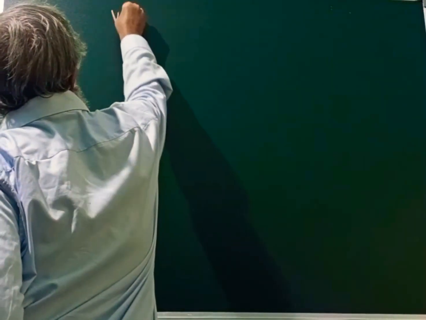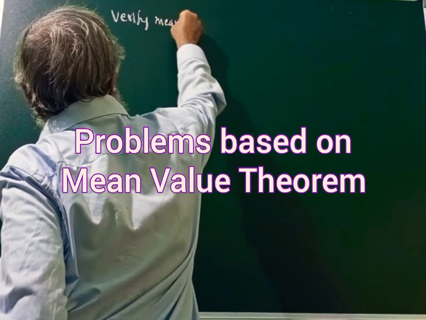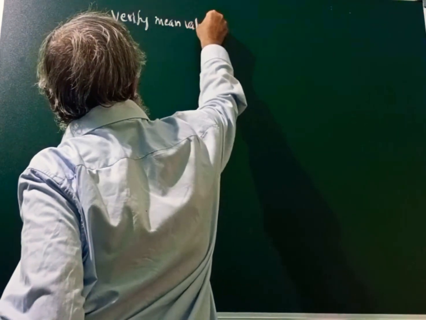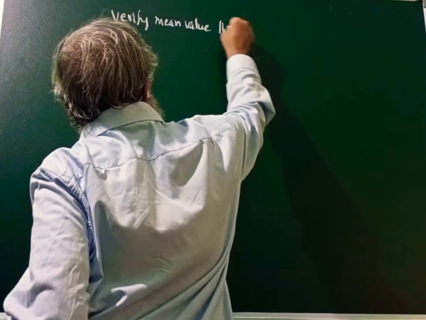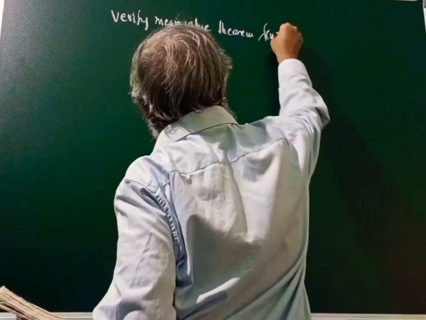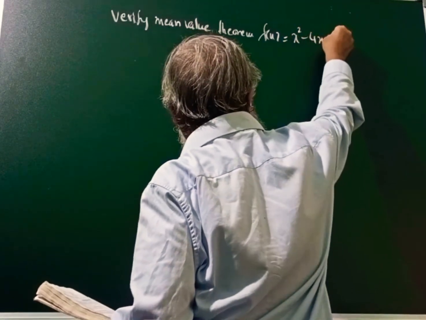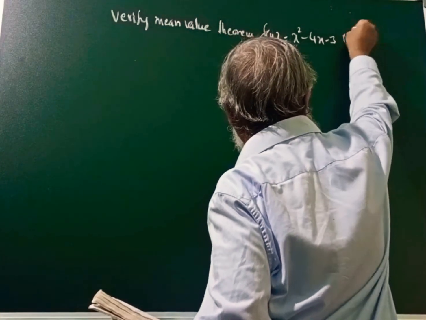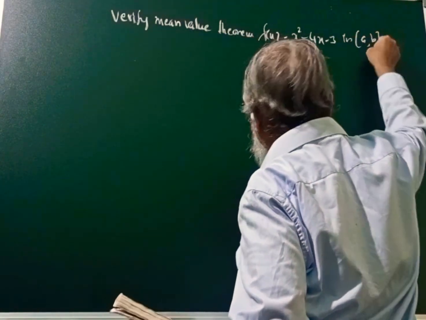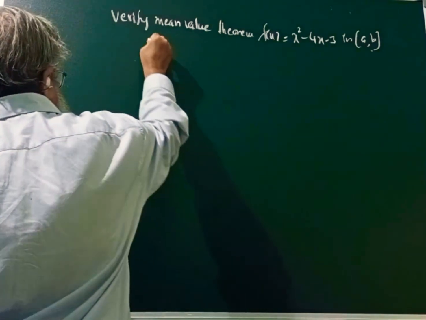Verify the mean value theorem for x square minus 4x minus 3 in the interval AB, where A is equal to 1, B is equal to 4.